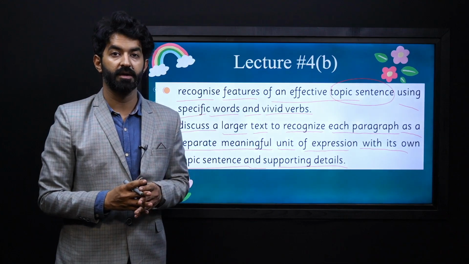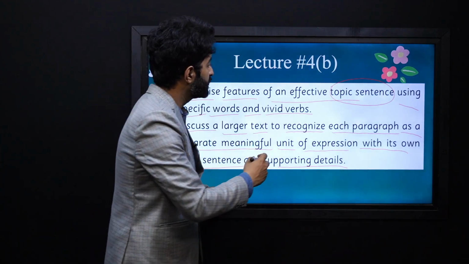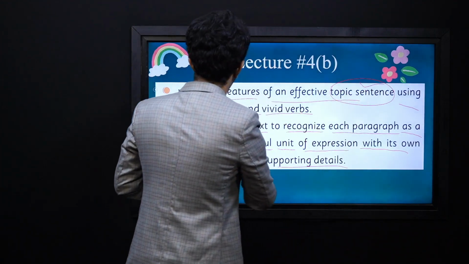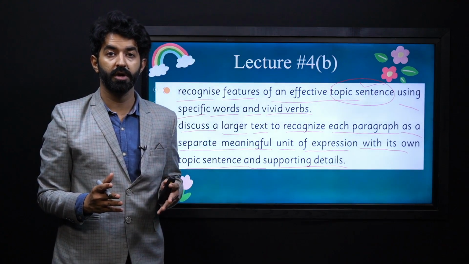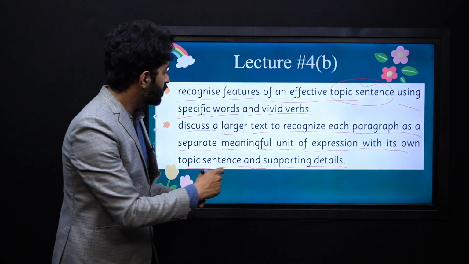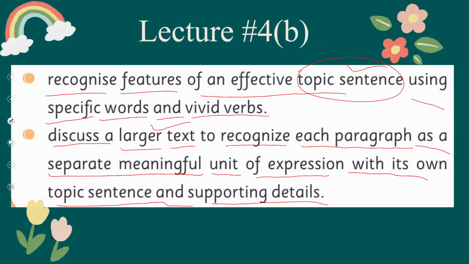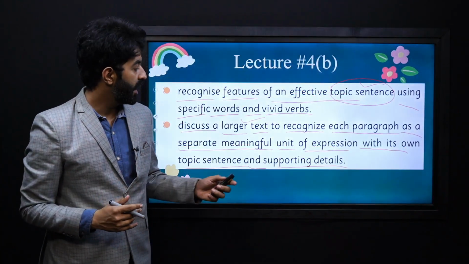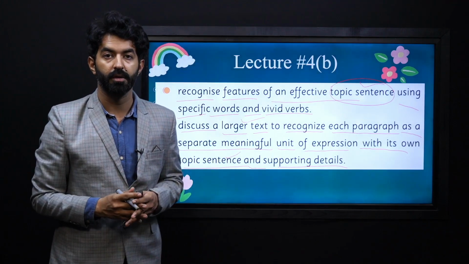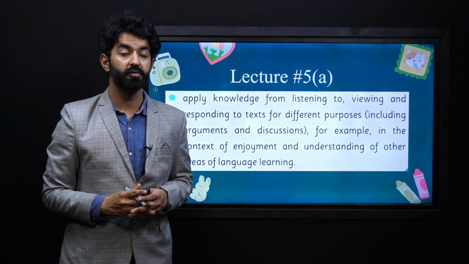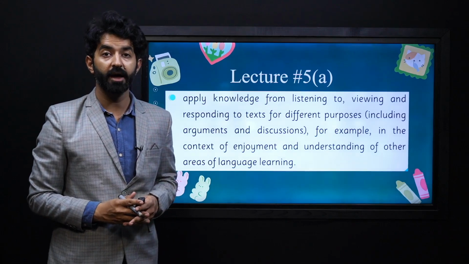We know it's divided in different parts. So we will be seeing the topic sentence. Also, in the supporting details, we will be looking for specific words and vivid verbs. Also, we will discuss a larger text to recognize each paragraph as a separate meaningful unit of expression. We will see how a paragraph is a complete thing on its own, with the topic sentence and supporting details that we talked about.